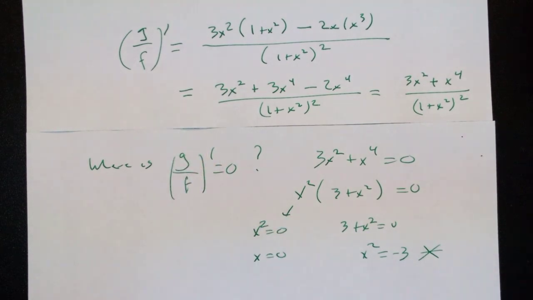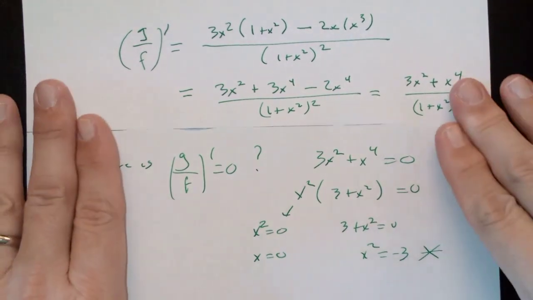Graph the original equation g over f. Check. Did I get it right? g over f was up here.